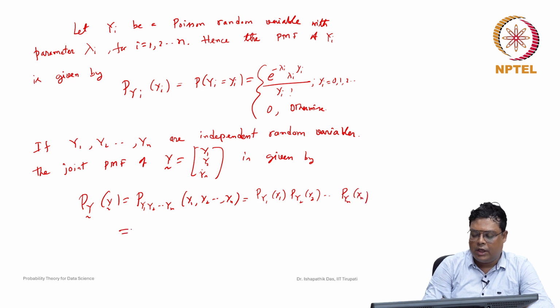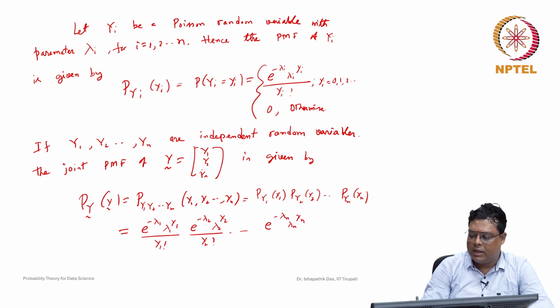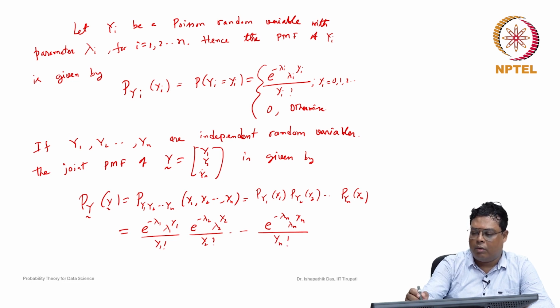So this is equal to e to the power of minus lambda 1, lambda 1 to the power of y1, by y1 factorial, times e to the power of minus lambda 2, lambda 2 to the power of y2, by y2 factorial, like this, up to e to the power of minus lambda n, lambda n to the power of yn, by yn factorial. By this, taking i equal to 1 to n, we can find this probability function.